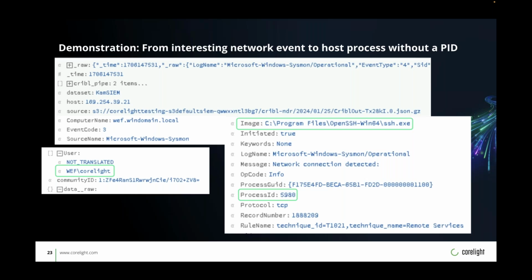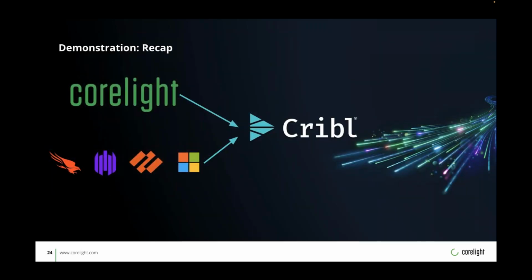Now, again, we've done this using Sysmon, but that easily could be done with one of the endpoint tools. They contain the same information. Because of Cribl's normalizing and bringing it all together, it's very easy to calculate that community ID and bring those two into one place. So, George, I don't know if you have anything to add on that.